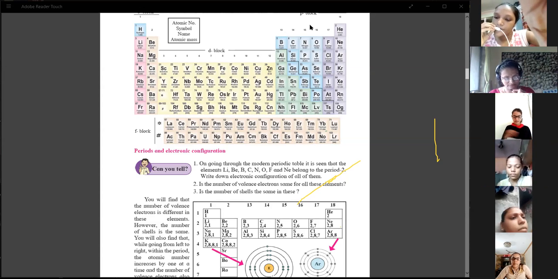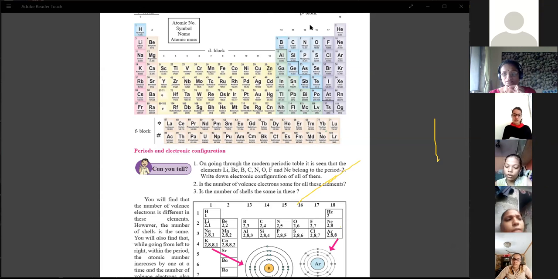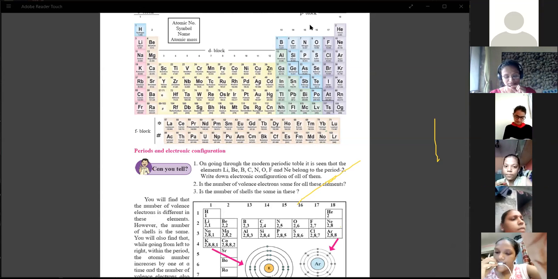An element has its electronic configuration as 2, 8, 2. Now answer the following. What is the atomic number of this element? 12. What is the group of this element? Group 2, the second group. To which period does this element belong?